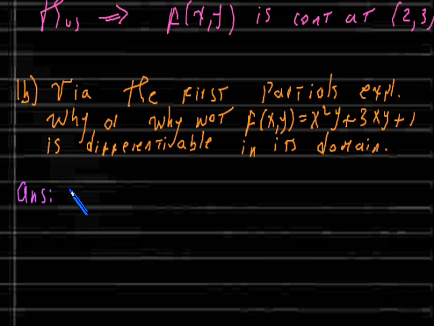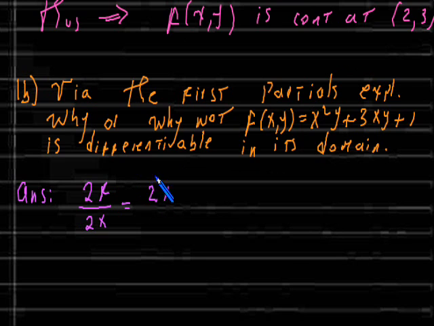If the function has continuous first partials, the partial of f with respect to x and the partial of f with respect to y, in an open region, then the function is actually differentiable there. So now let's find the first partials of this function.